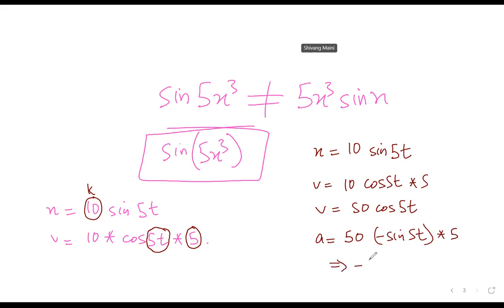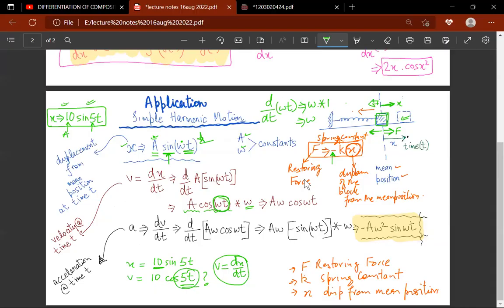Is it making any sense? Yes, sir. Bit complicated, but don't worry, when this chapter comes we'll be discussing this. But because I want to close this calculus part, that is why, this is a very small topic, but I wanted to discuss this also.